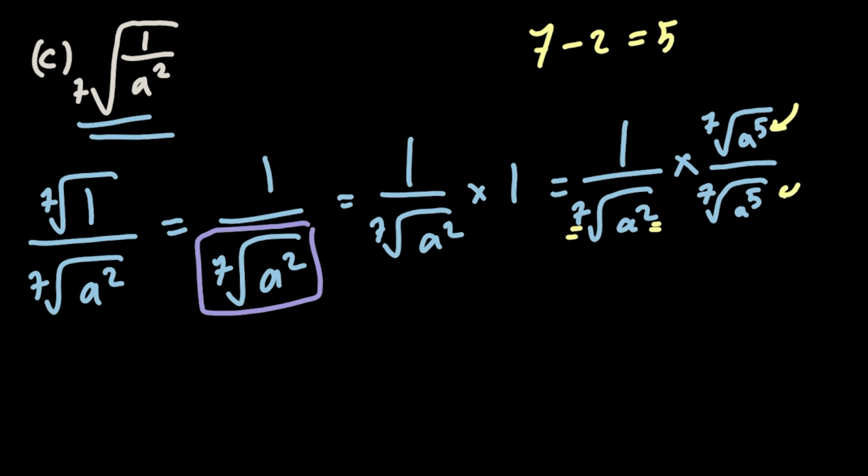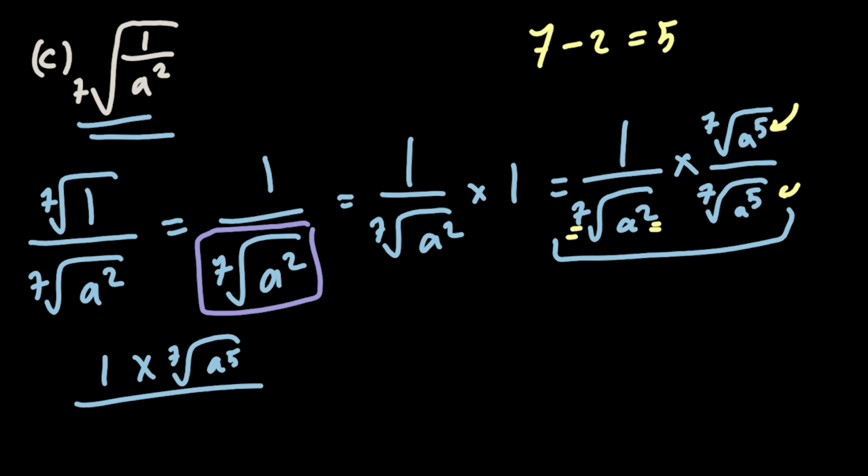Let's see now what we will get. So we will have 1 multiplied by the 7th root of a to the power 5 over, here it's nothing but a. So we will have a here, and the final answer would be the 7th root of a to the power 5 over a.